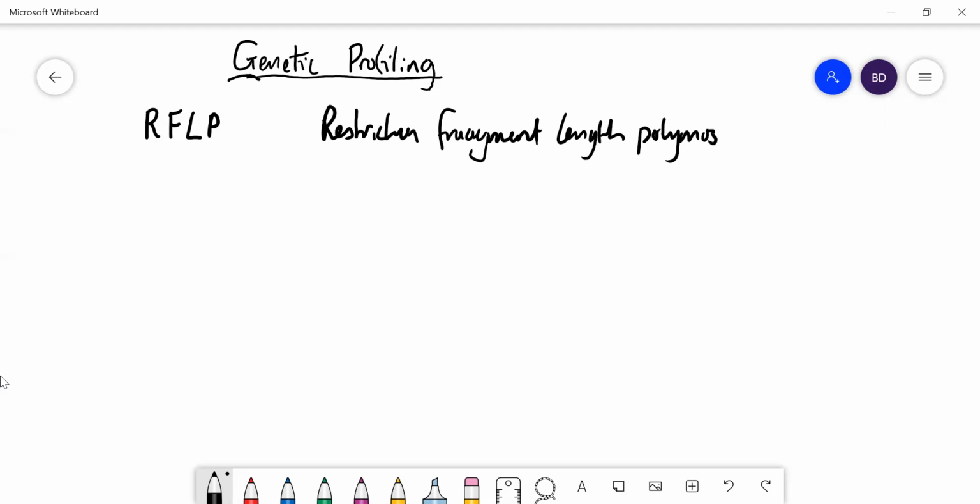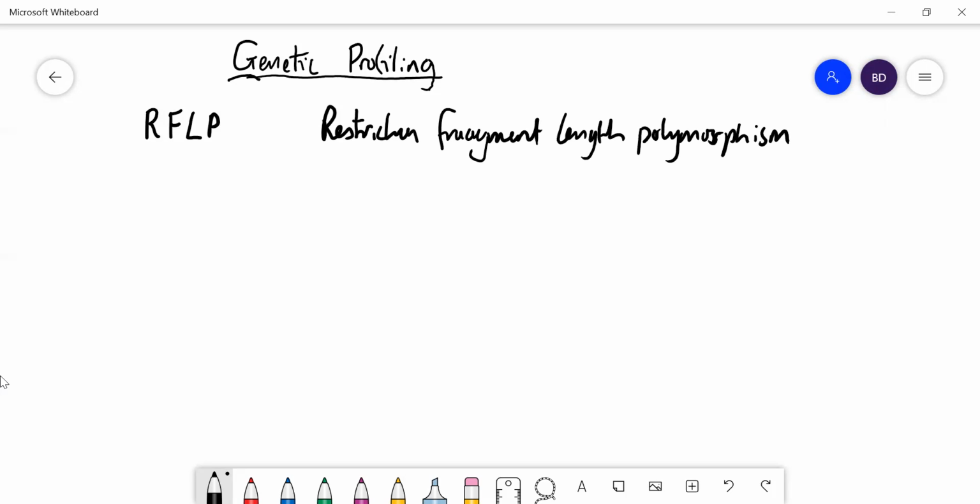Polymorphism means that one gene can have a lot of different alleles in different people. So, hair color is polymorphic: red, brown, blonde hair, and so on. So this is to do with the length of the bits of DNA which are produced.